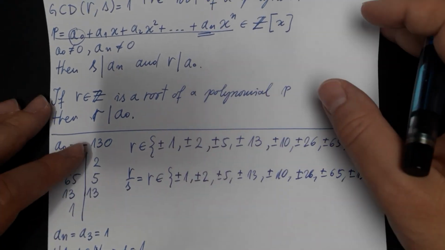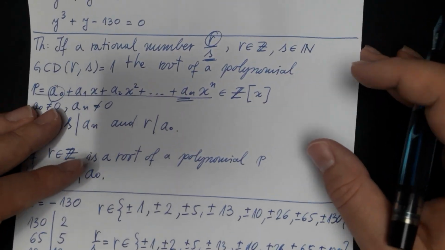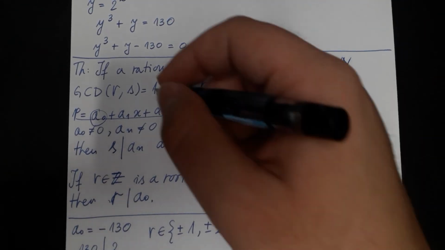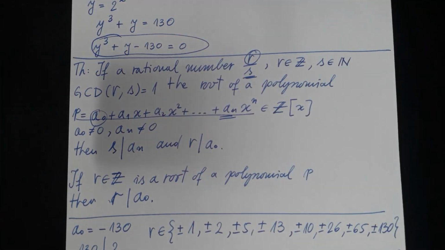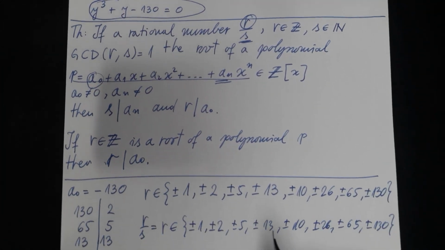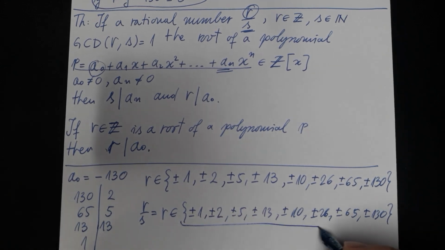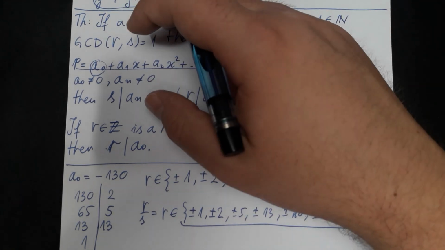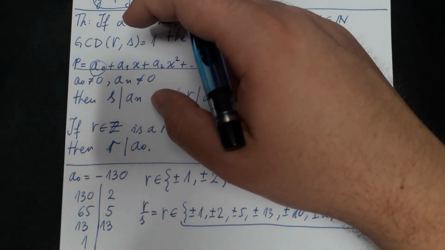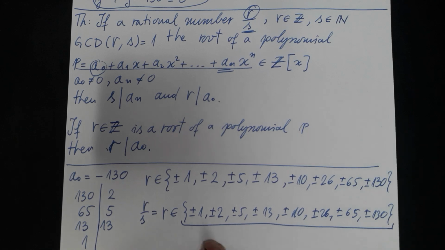So using this theorem, how are we then going to find the roots of our polynomial y cubed plus y minus 130? Well, simply, we have all the candidates in this set which are whole numbers. So all the candidates which are roots of this polynomial and are whole numbers are inside this set.